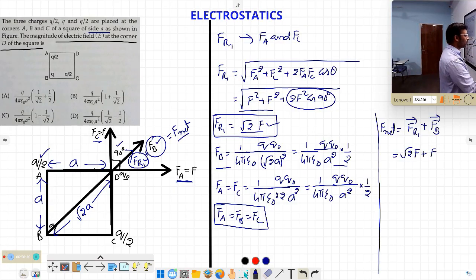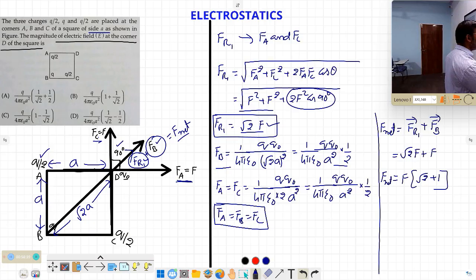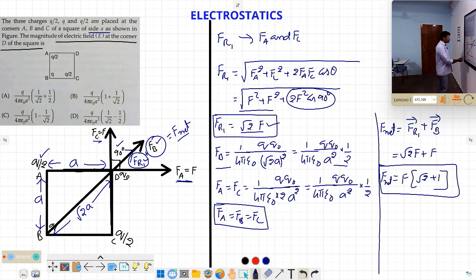F is 1 by 4 pi epsilon naught Q naught by A square. If you take F common, what you are going to get? F into root 2 plus 1. Check the options so that we can go to the next solution. Here also there is an error in the question.